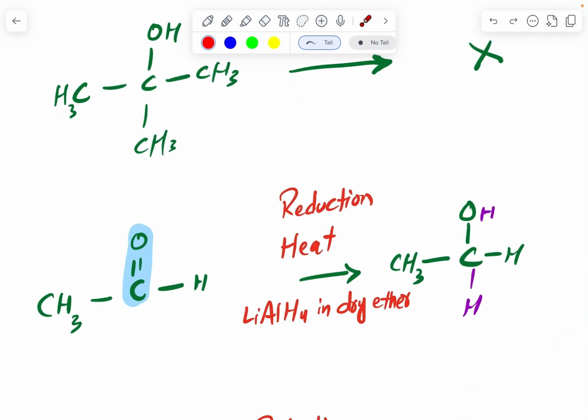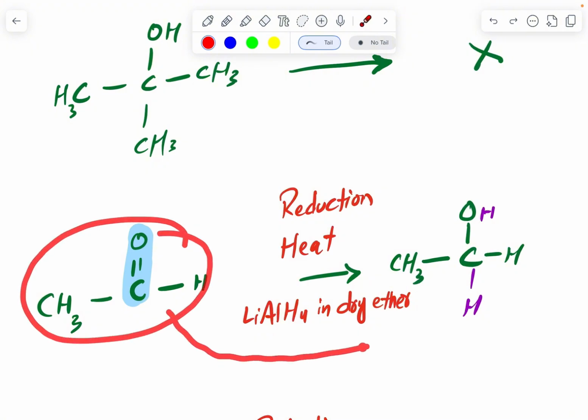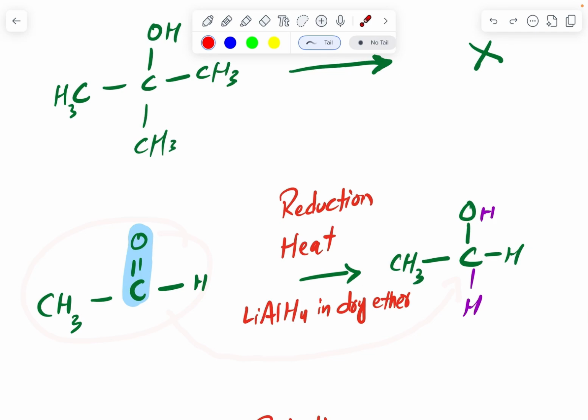Now, this is the aldehyde. You can convert the aldehyde into the alcohol again. The same concept applies over here. You just need to break the double bond and add the hydrogen over here and the hydrogen over here. So you can use lithium aluminum hydride in dry ether. This is basically the reducing agent. It provides the hydrogen.